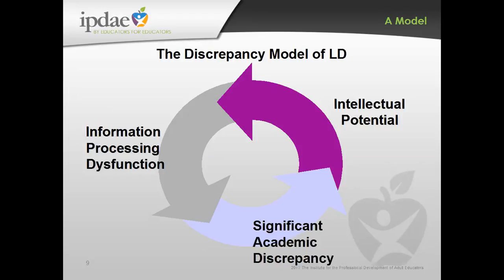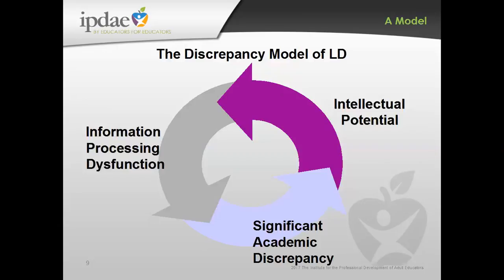And the last part is a significant academic discrepancy. You may find this familiar: you may have a student that takes a TABE test and gets a reading score of 7.8 and a language score of 8.1 and a math score of 2.0. That huge range, the 2.0 up into the 7, 8, shows a significant academic discrepancy, and that is not normal.